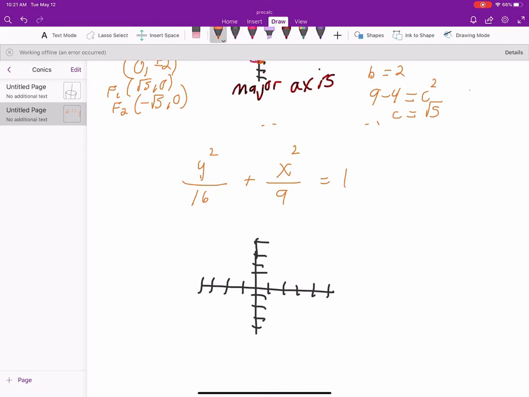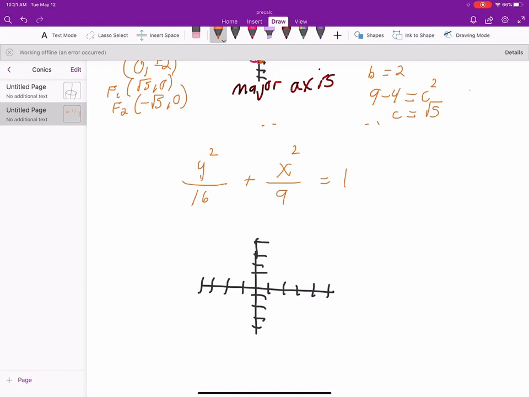So let's go ahead. Notice now that we have the 16 underneath the y squared and the 9 underneath the x squared. So the 16 is larger. That means that that's A. All right, so that means that our ellipse is going to be elongated along the vertical y-axis.